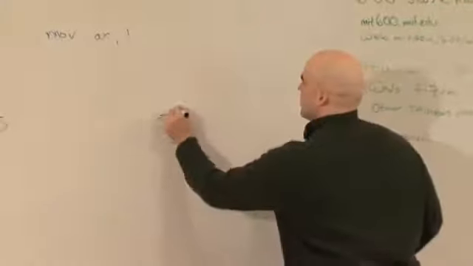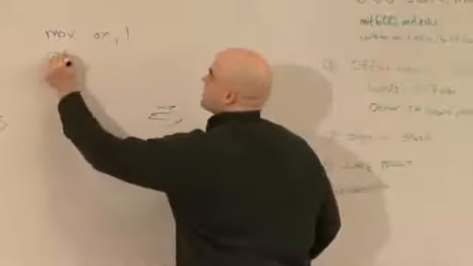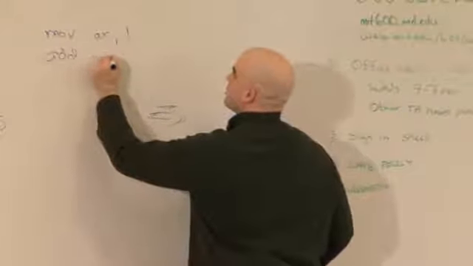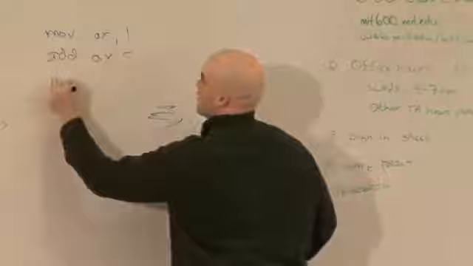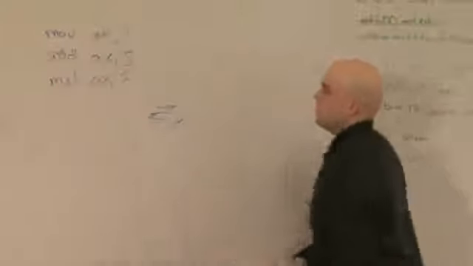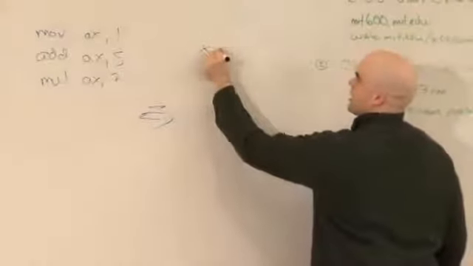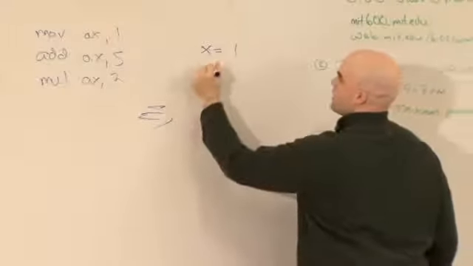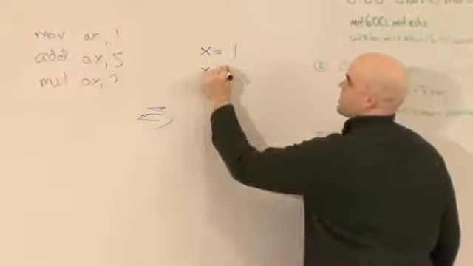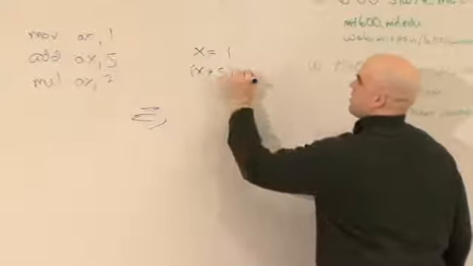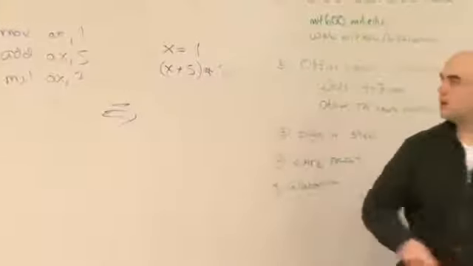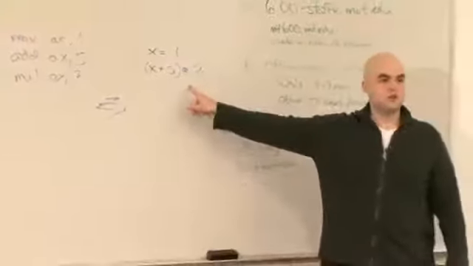So we move into, say, I'm going to say x is equal to 1, and I'm going to add x plus 5, and then multiply by 2. This is a lot easier for us to understand.